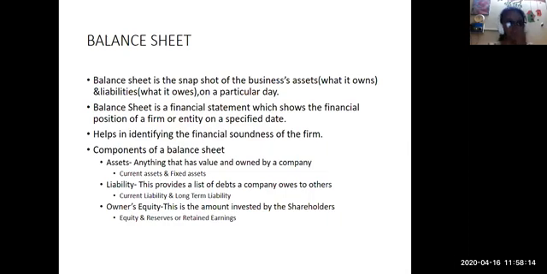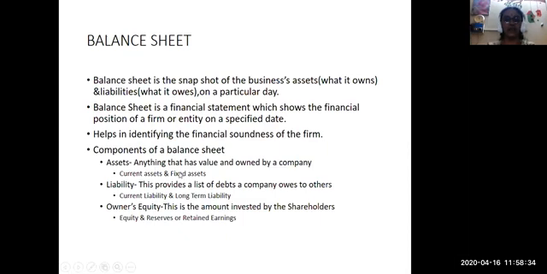Let us first go into the details of what the important components of a balance sheet are. There are three important components in all balance sheets. One is asset. Asset means anything that has value and is owned by a business. The next item is liability.